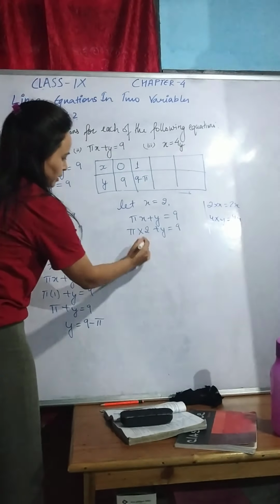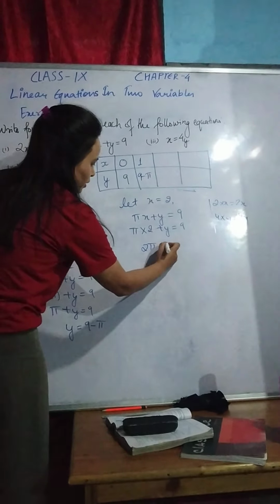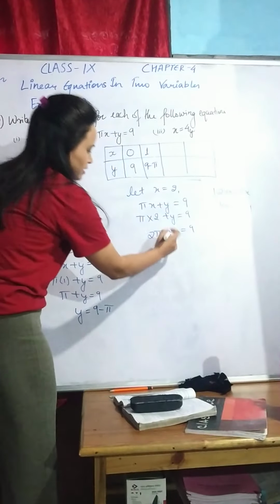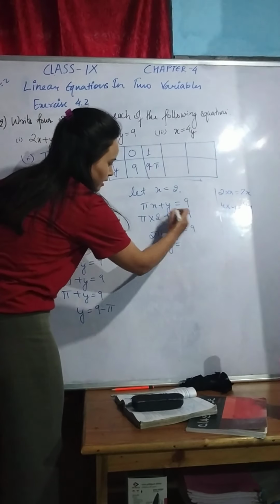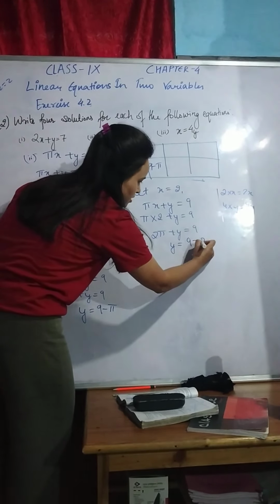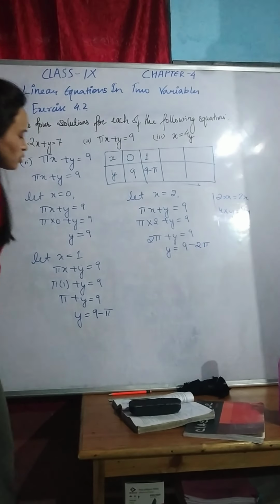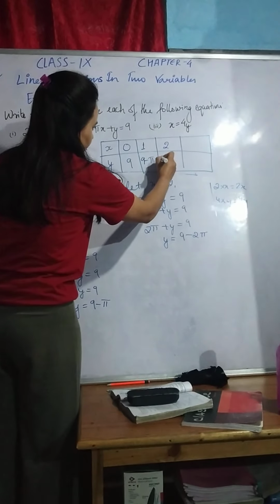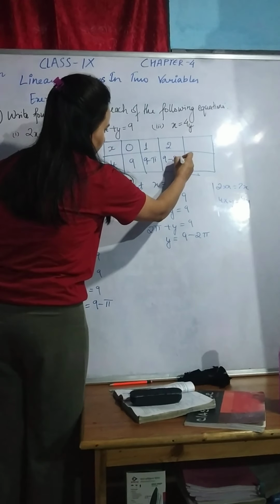Similarly, 2 times pi will be 2 pi, plus y is equal to 9. Okay, now let's write only y in the left hand side. This becomes 9, and plus 2 pi will change into minus 2 pi. So when your x is 2, y is 9 minus 2 pi.